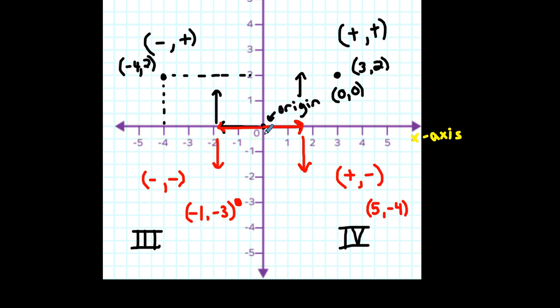So I'm going to go 5 to the right on the x-axis, and then I'm going to go down 4. And I'm going to find my point right here. So you'll notice again, if I actually made a dotted line to get there and made a dotted line from my y coordinate, we would have a point right here for 5, negative 4.